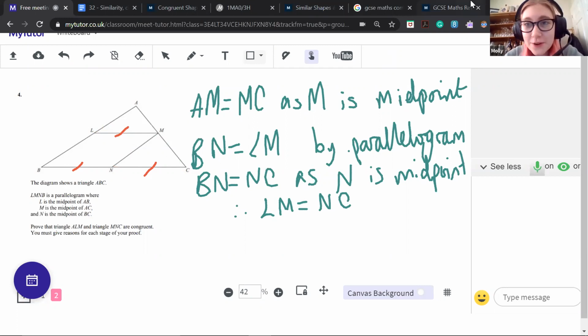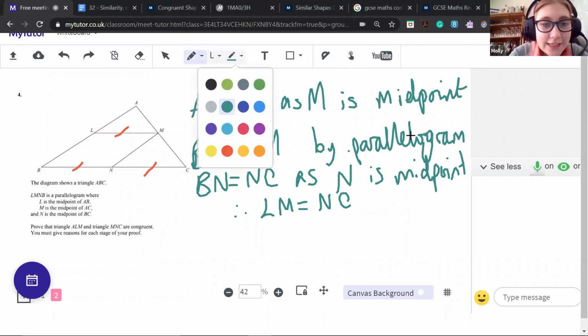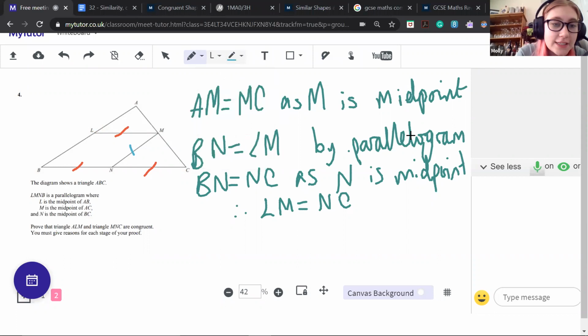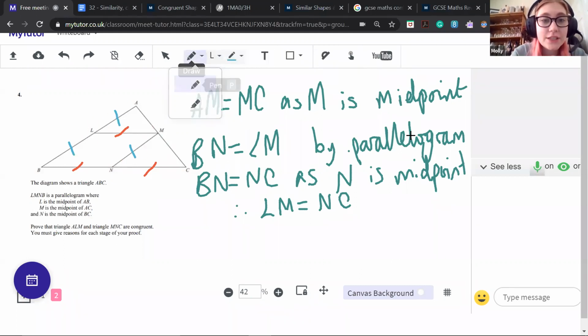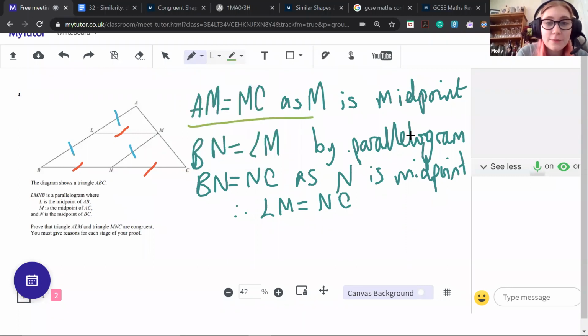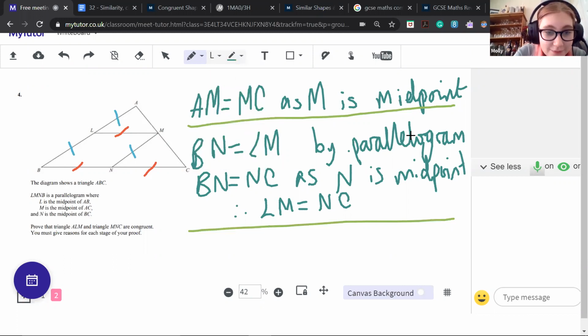Now, I think someone's already got it in the chat, which is really, really good. The next one is exactly the same by the parallelogram. So let's do these in a different color. So we know that this line is equal to this line because it's a parallelogram. And we also know that BL and LA are the same because L is the midpoint. And therefore, we can see that NM and LA are the same. So let's just split this up so that you can see what the sections are. So then we say, it's exactly the same thing.